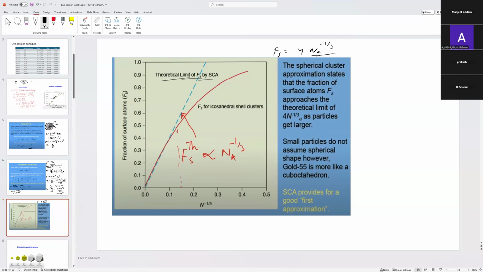However, this is only true when you have fairly large particles, because as you go down to smaller particles, your spherical approximation does not hold true. Like gold 55 becomes a cuboctahedron.